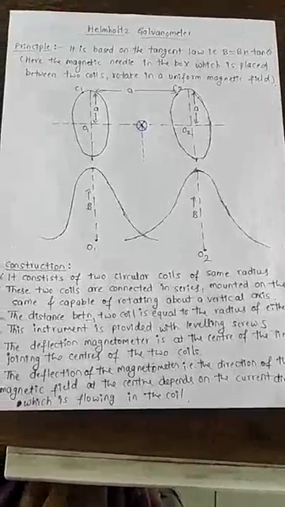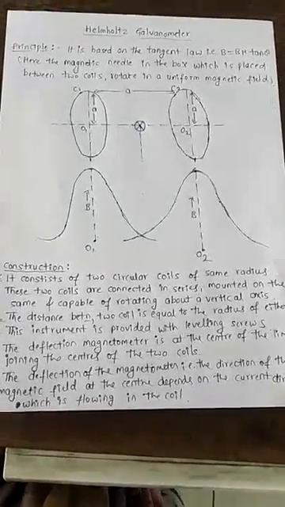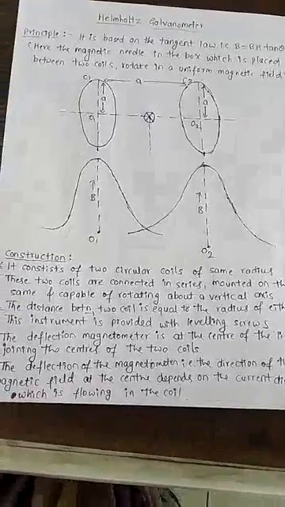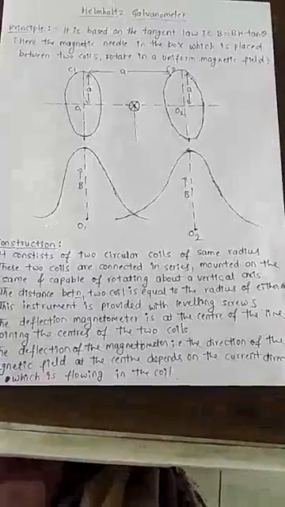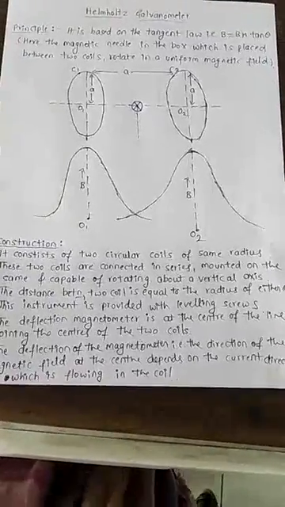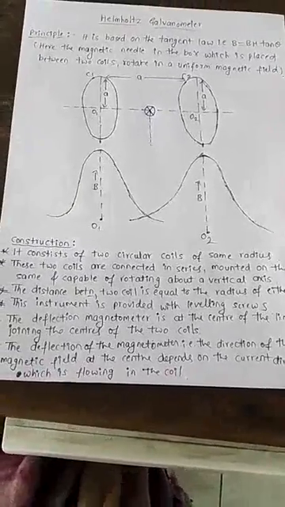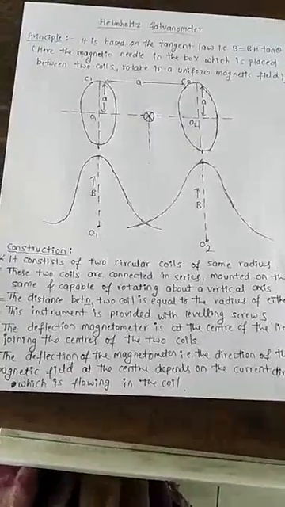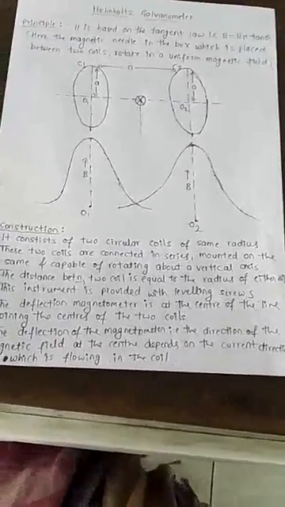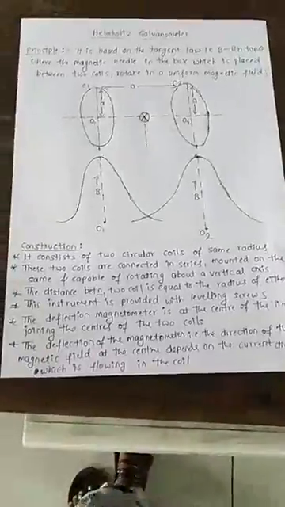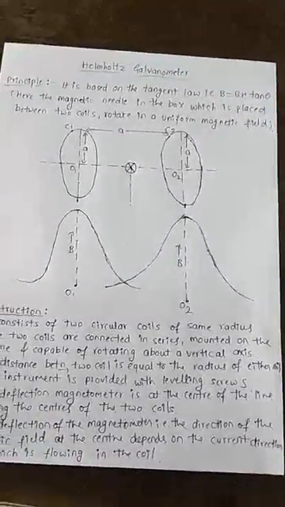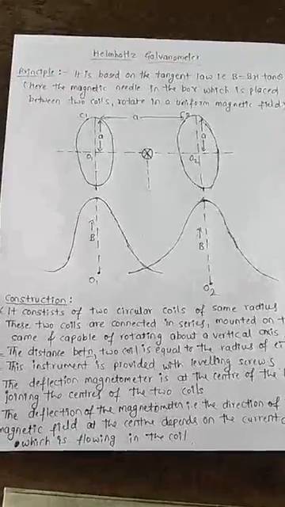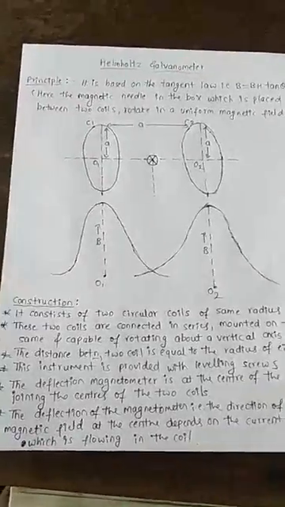The difference is that in the tangent galvanometer only one circular coil is there, and in the Helmholtz two circular coils are there. In the tangent galvanometer the magnetic needle is deflected due to a non-uniform magnetic field, but in the Helmholtz the magnetic needle is deflected in a uniform magnetic field. That is the difference.